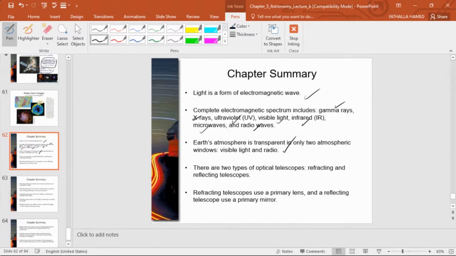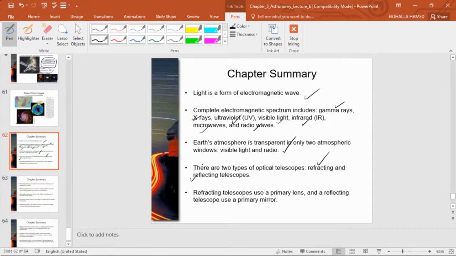When we talk about optical telescopes, we have two types, refracting telescopes and reflecting telescopes. Refracting telescopes are made of lenses, and reflecting telescopes are made of mirrors. Maybe in the last lecture, if you listen to the recording, sometimes I wanted to say reflecting and I said refracting.